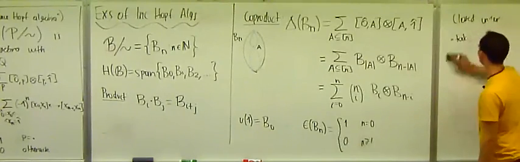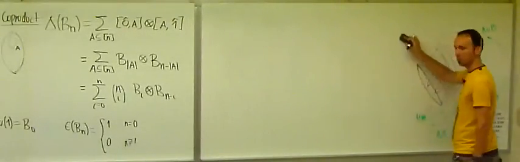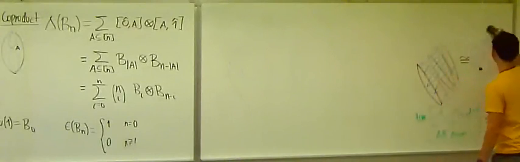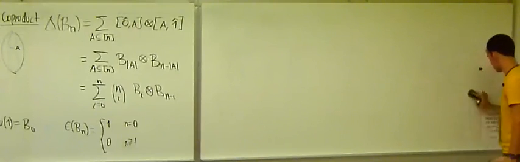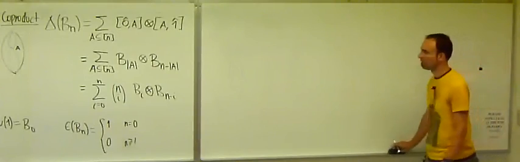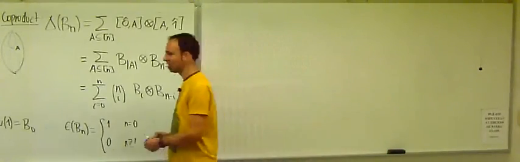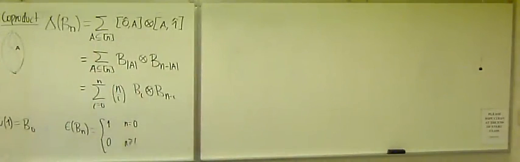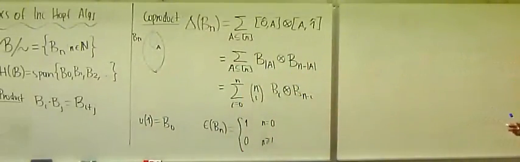Do you recognize this Hopf algebra? It does look familiar, right? Probably related to the one on polynomials or something like that. This is graded, for sure. Because if we say that bi has degree i, then degree i times degree j is degree i plus j. And degree n gets split into things of degree i and degree n minus i. So you're telling me that this reminds you of a polynomial ring.